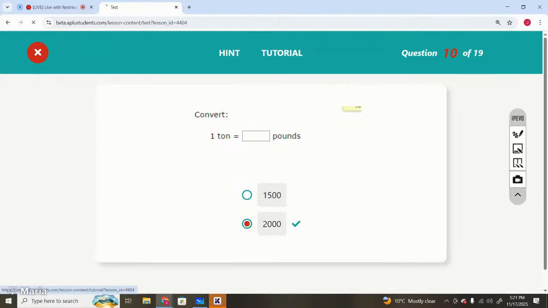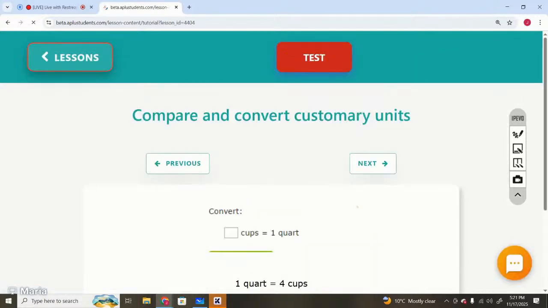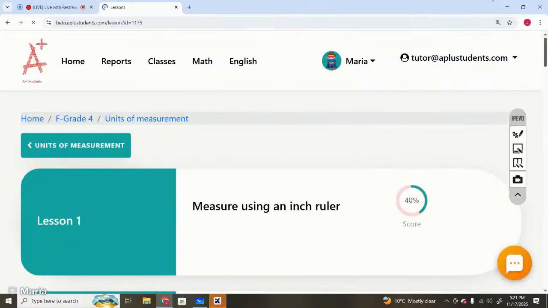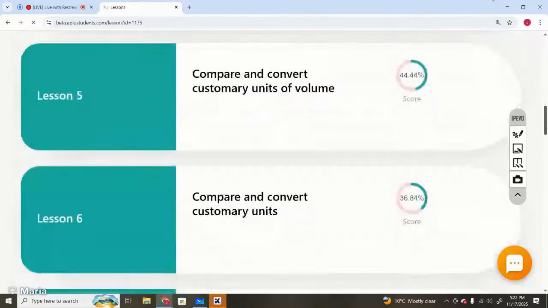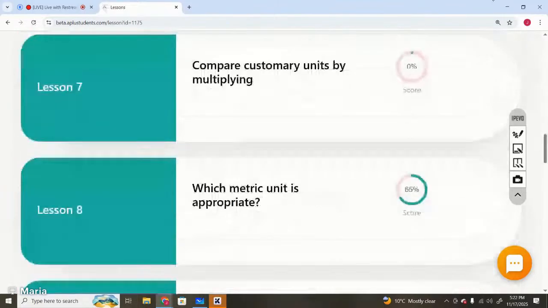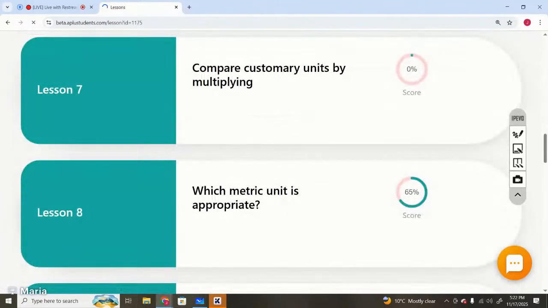Option number 2 is the correct option. Okay, you can complete the lesson by yourself later today. Let me just move on to the next lesson. Compare customary units by multiplying.